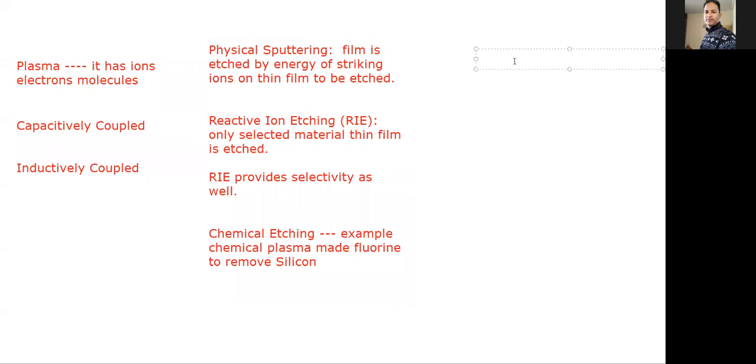In plasma based dry etching methods, many times we deposit polymer, which means we involve polymer in our etching process. And why do we do polymer deposition? To cover the side walls of the thin film.